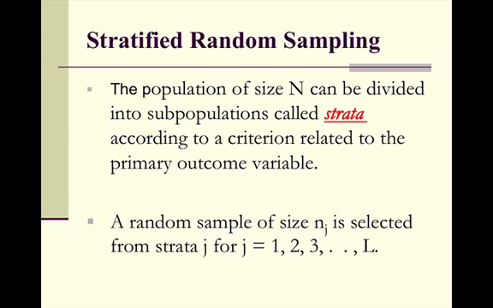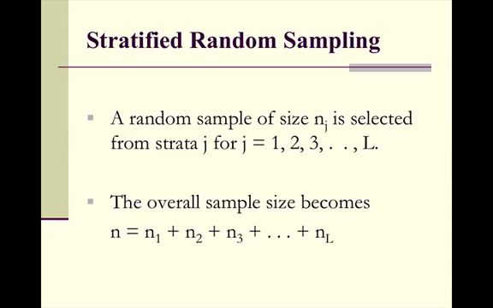So a random sample size of little n, so you can see that's your sample at this point, is selected from strata j, for j equals 1, 2, 3, and those correspond to the different samples of your overall population. So a random sample of size n sub j is selected from strata j for j equals 1, 2, 3. So your overall sample size becomes lowercase n sub 1, lowercase n sub 2, n sub 3, and so on.